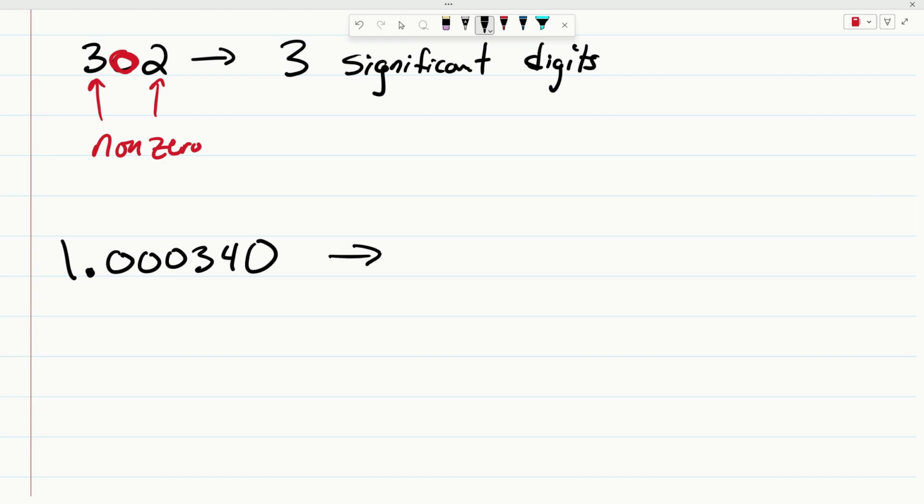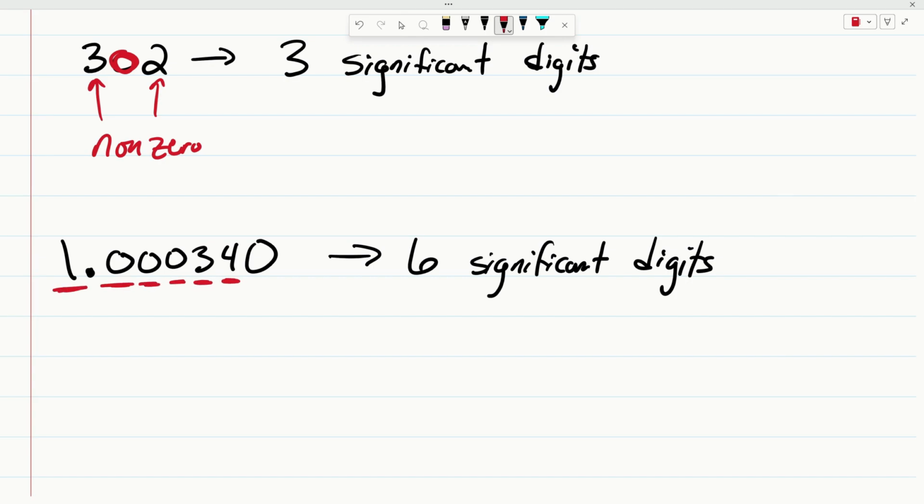In this example, we have 1, 2, 3, 4, 5, 6 significant digits. All right, and I'm going to underline them. 1, 2, 3, 4, 5, 6. The last 0 is not needed. So we have 6 significant digits in this example here.